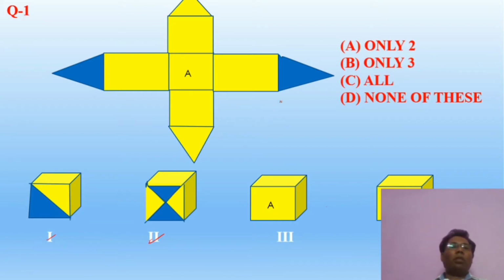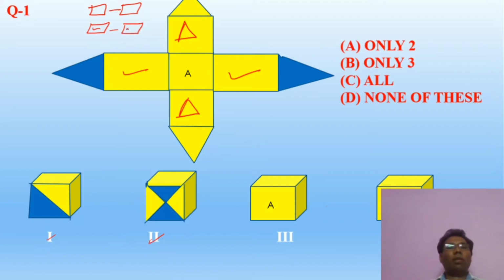Here this is an open dice, and we know how to solve this. So we have to apply the alternate method. Opposite to this is this, opposite to this is this, and opposite to this is this. Opposite to this is this figure, and opposite to A is this figure.